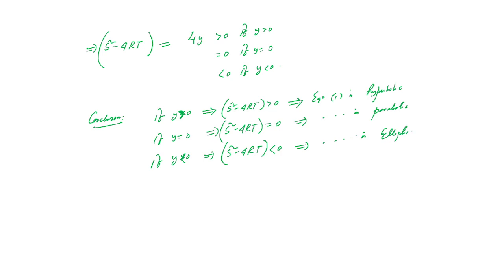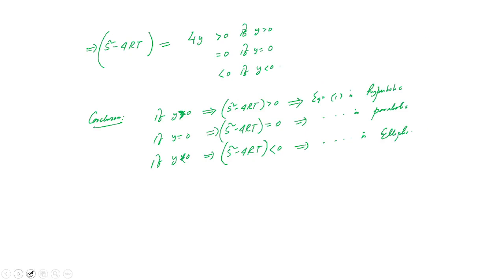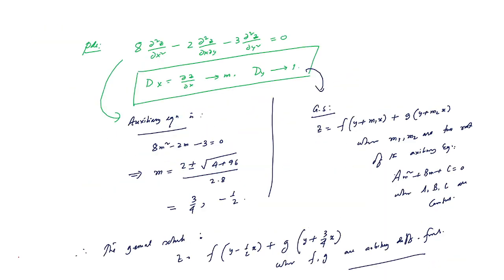Okay. So here what is exactly given? For y less than 0, two families of real characteristic curves or not. So what is the conclusion here?